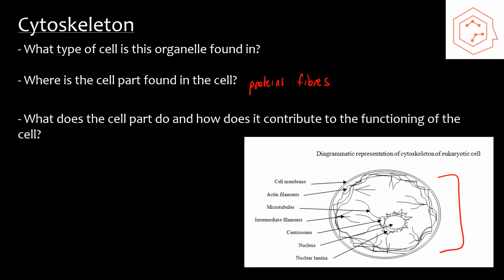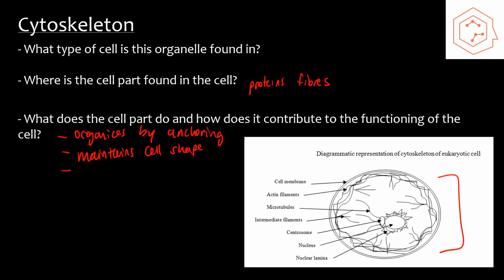So the cytoskeleton has many functions. It's able to organize the cell's structures and activities by anchoring many organelles. It helps to support the cell and maintain its shape.